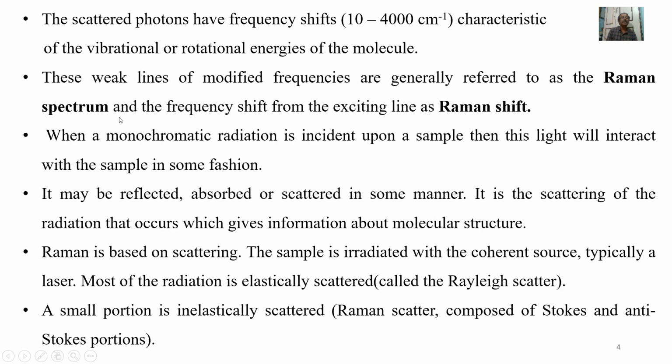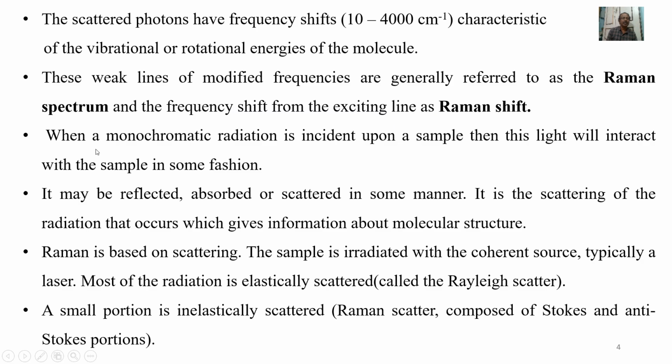The scattered photons have frequency shifts of 10 to 4000 per centimeter, characteristic of the vibrational or rotational energies of the molecule. These weak lines of modified frequencies are generally referred to as the Raman spectrum, and the frequency shift from the exciting line as the Raman shift.